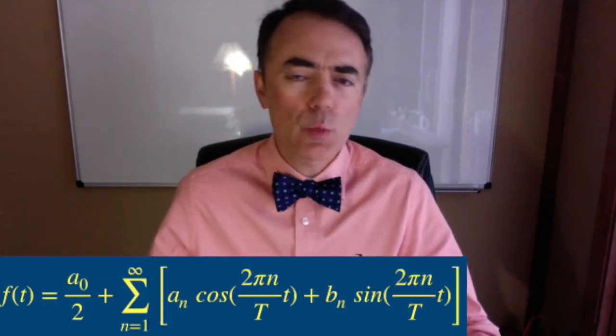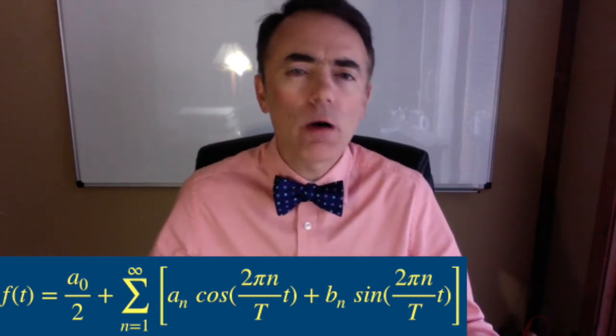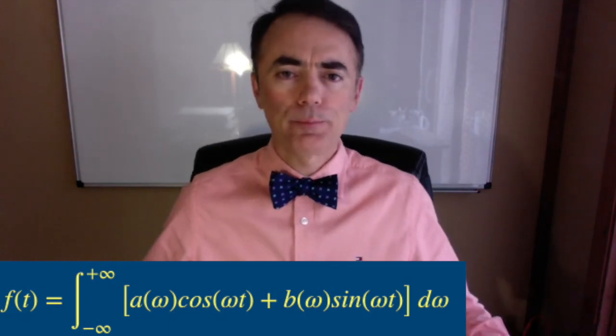Imagine any weird periodic function. This says that you can make a series of sines and cosines, probably infinite, that added together make that weird periodic function. If we need a discrete number of sines and cosines, we can write a summation. If we need a continuous distribution of sines and cosines, we will write an integral.